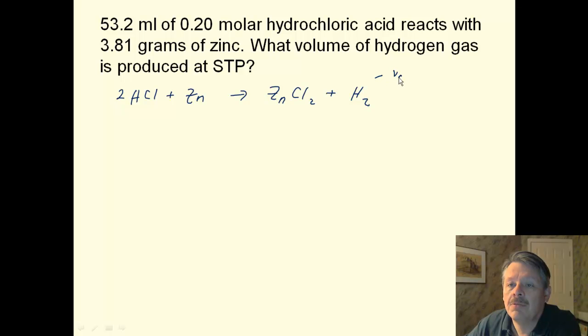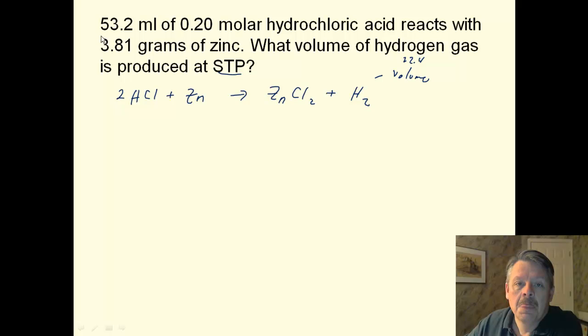The volume is going to be in liters, and because it's at STP, that's going to be that 22.4 business, 22.4 liters in 1 mole. And I know I'm starting with 3.81 grams of zinc, and oh gosh, we're going to have to do a limiting reactant problem. So now that I've told you that, can you do it on your own? Again, try and pause the video, see how much of this you can get through on your own.